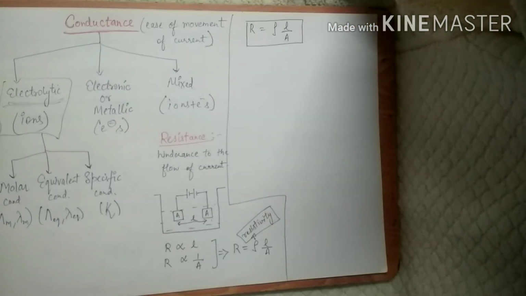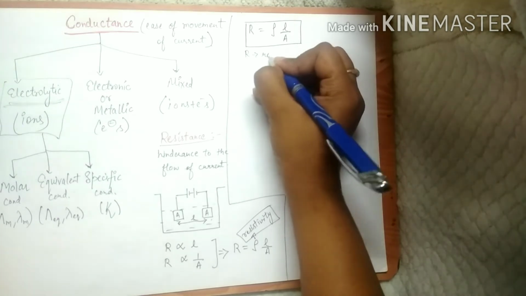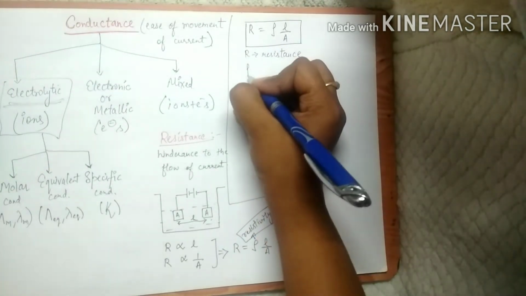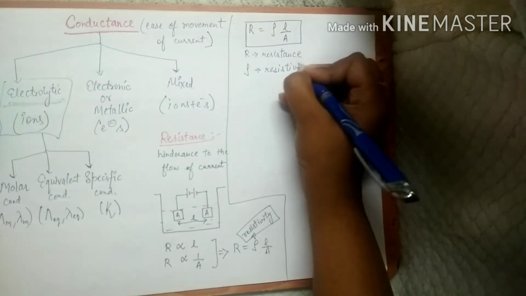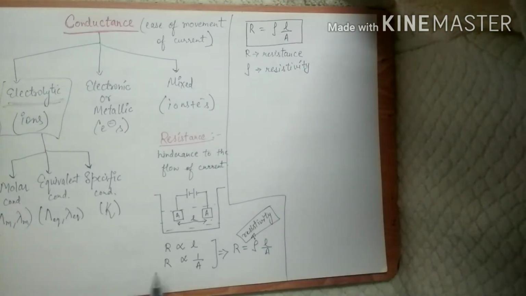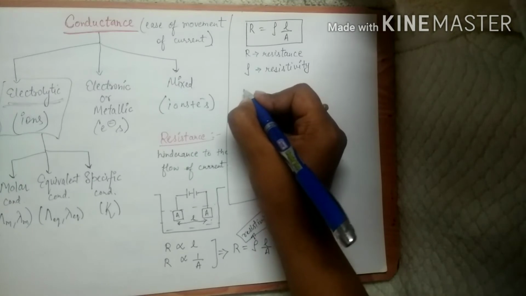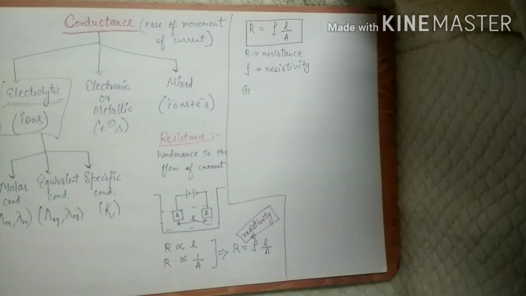Now the formula for resistance is R is equals to rho L by A, where R is your resistance, rho is your resistivity, and L and A we have defined. L is the distance between these two plates and A is the area of each plate. Okay, so from here we are going to describe one more term, which is your G.